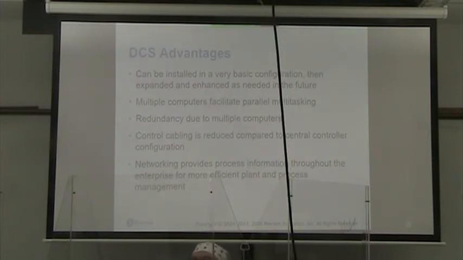The control cabling is a smaller amount than a central controller configuration. And our networking gives us process information all the way through the enterprise for more efficiency in our plant and process management.